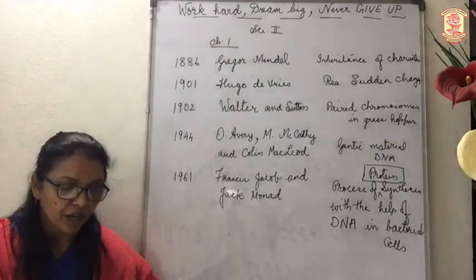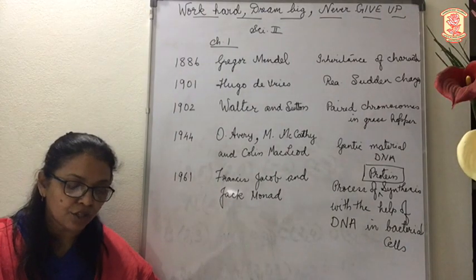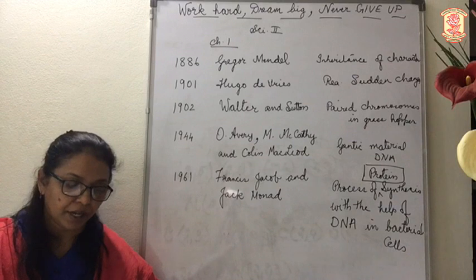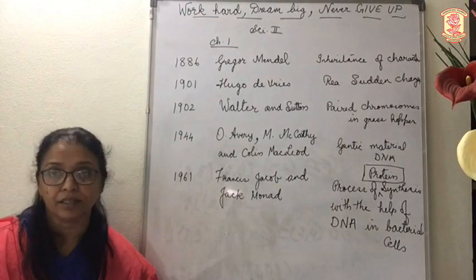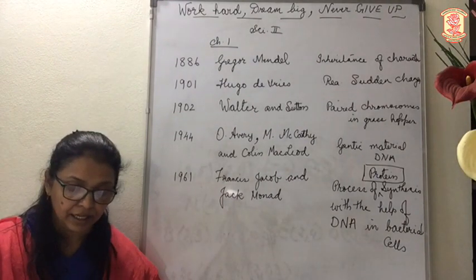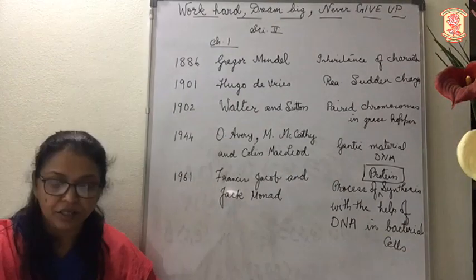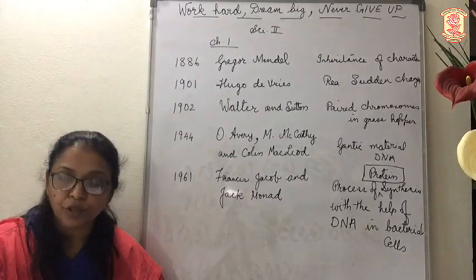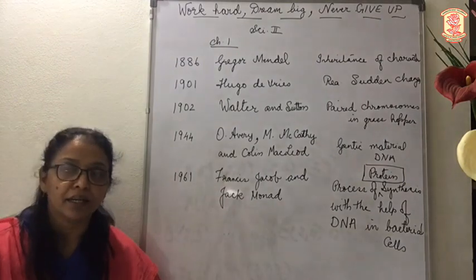Then after that, in 1961, scientists Francois Jacob and Jacques Monod studied protein synthesis. How are these proteins synthesized in the cells? Their discovery was a model for the process of protein synthesis with the help of DNA in bacterial cells.